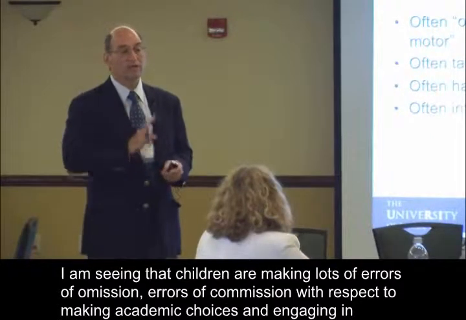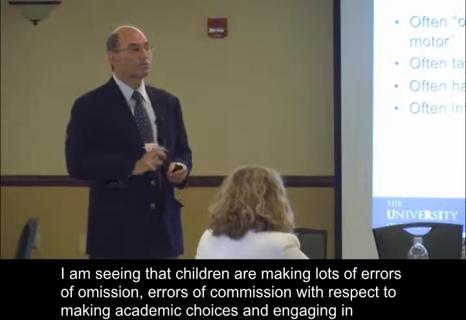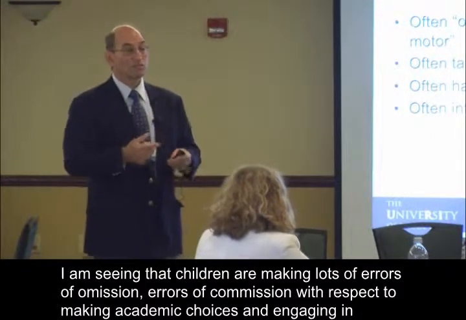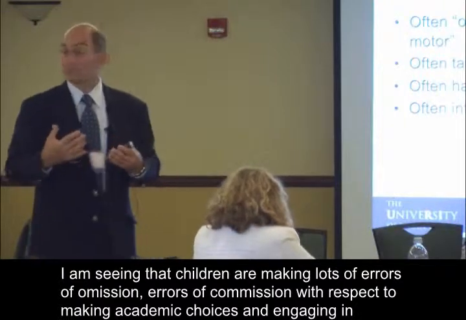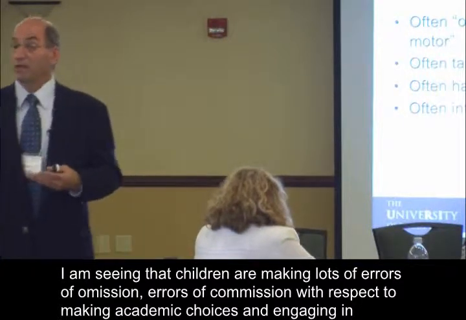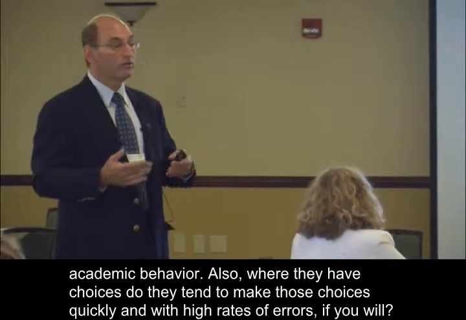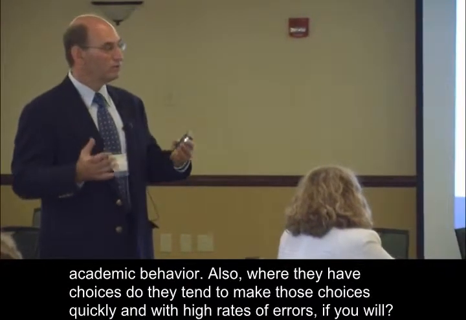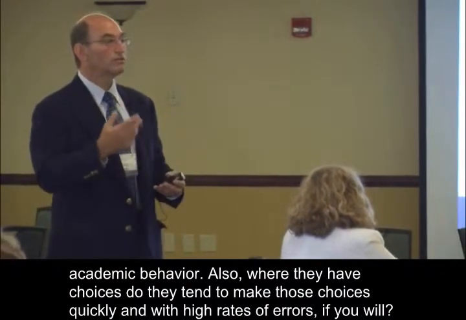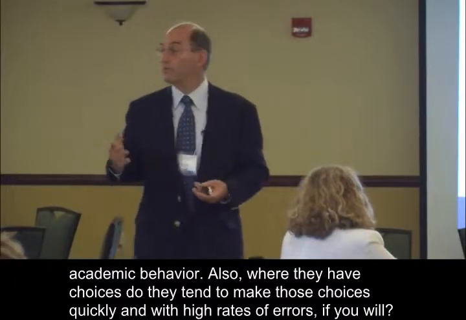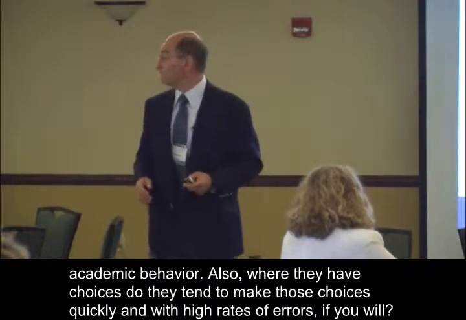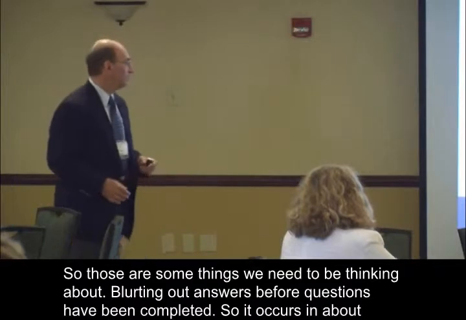That children are making lots of errors of omission, errors of commission with respect to making academic choices and engaging in academic behavior. And then also, where they have choices, do they tend to make those choices quickly and with high rates of errors, if you will? Those are some things we need to be thinking about.